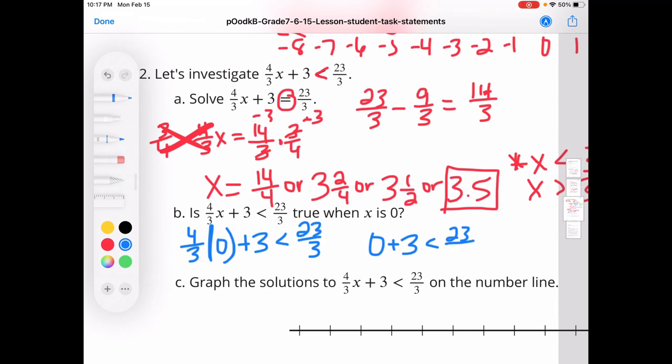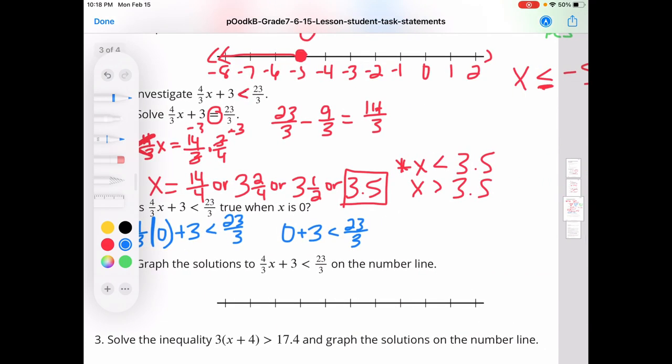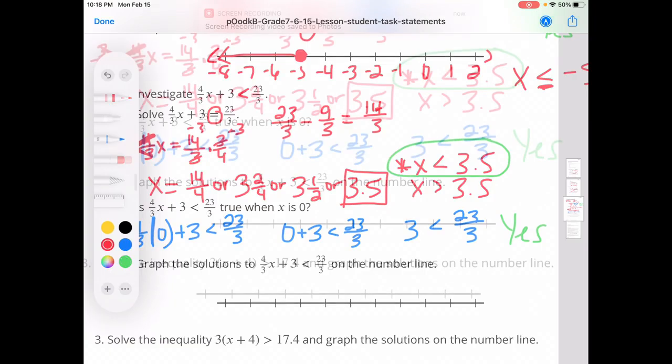And then 0 plus 3 is 3. And is 3 less than 23/3? My answer would be yes. So then I know that x has to be less than 3.5 in order for it to be a true solution.